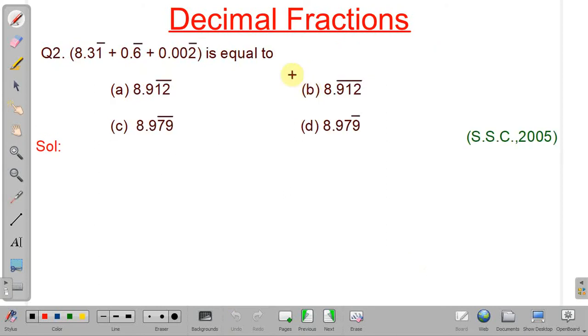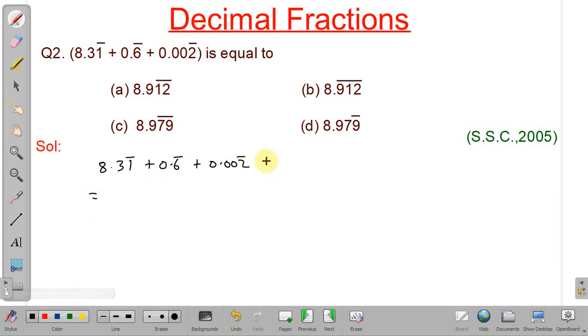In the next problem, sum of three recurring decimals is given, and we have to find it is equal to, and sum should also be in terms of recurring decimal only. Okay, so how we can solve this? So first, to add these decimal fractions, we have to convert it into Vulgar fractions. Okay, so 8.31, only one is repeating, plus 0.6 plus 0.002, only 2 is repeating.